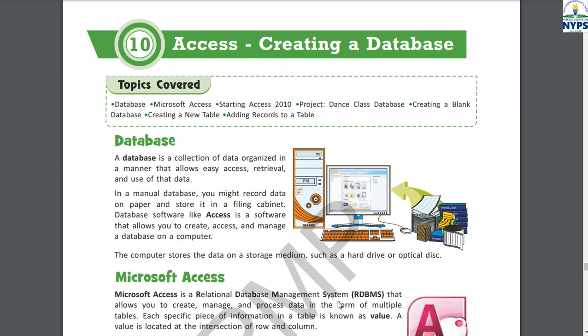You have done Excel. Excel is also a type of database in which the data is organized in a proper manner. So we are doing MS Access. MS Access is also a database, and not only a database, it is an RDBMS, a relational database management system, in which tables will be there like Excel.